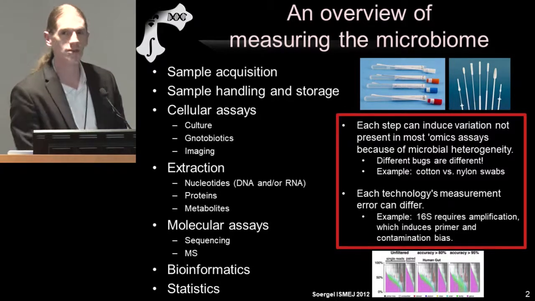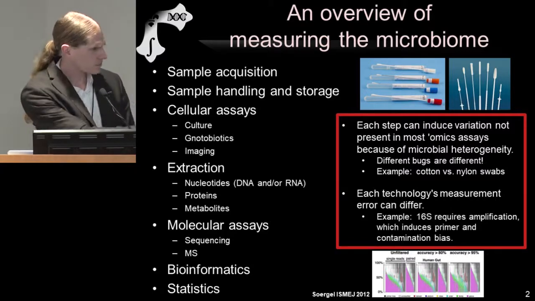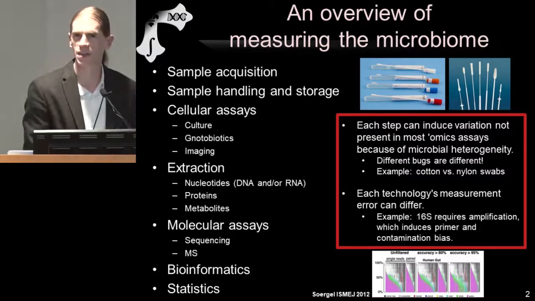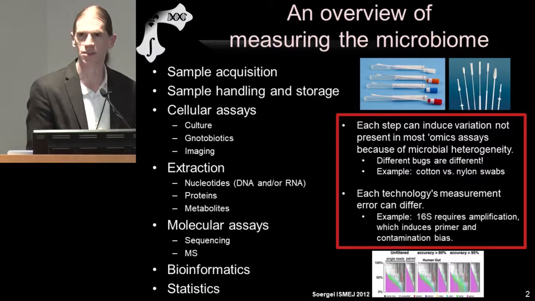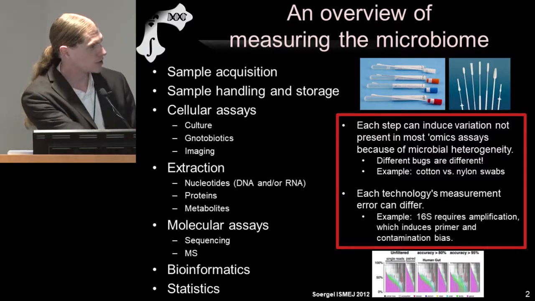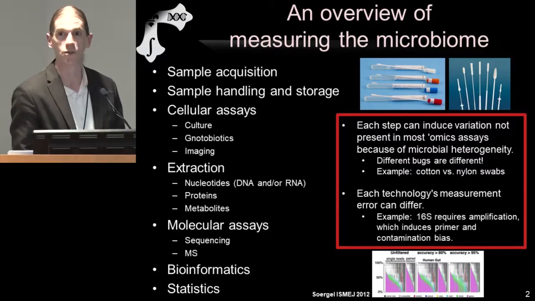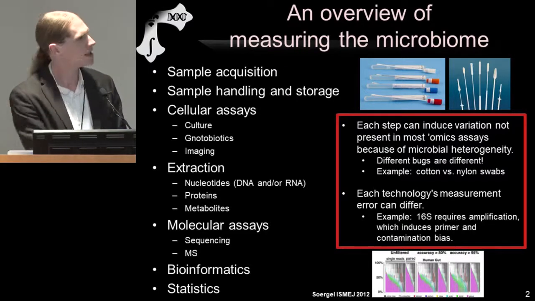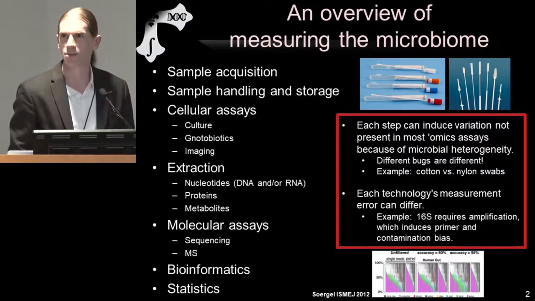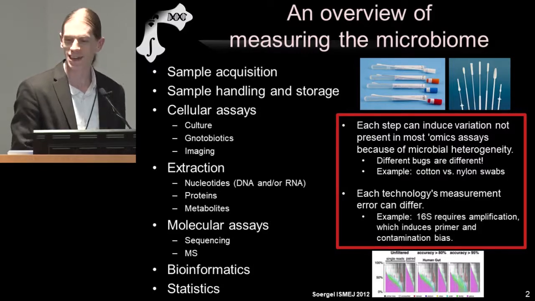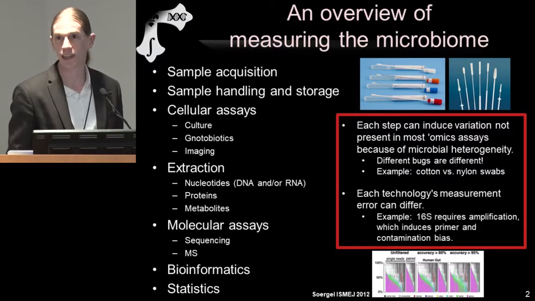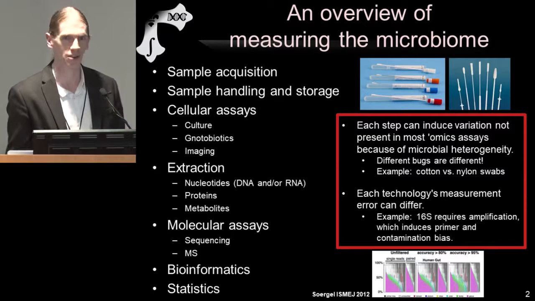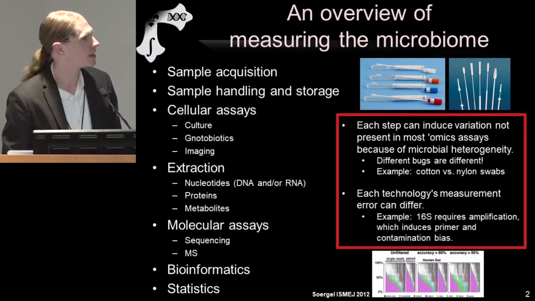And then downstream of generating molecular data, there's some series of computational methods to manipulate those data into interpretable features and some statistics to manage those features and compare them or assess them across a population. So you can think of each of these as a module where things can go right, things can go wrong, or you can introduce technical variation, be it good or bad.